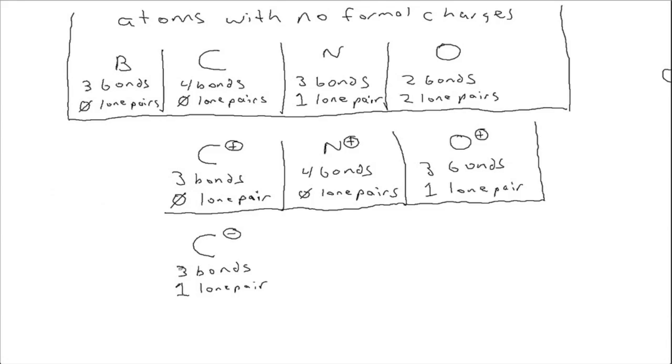Complete octet, because there's 6 electrons in the bonds plus 2 in the lone pair, which brings us to 8. I think these are the only examples we'll have to go over for this section of the course. We only saw 2 things with incomplete octets: boron that's neutral and carbon with a positive charge. Everybody else, even when they have a charge, has a complete octet.